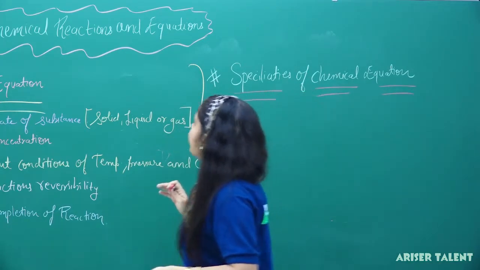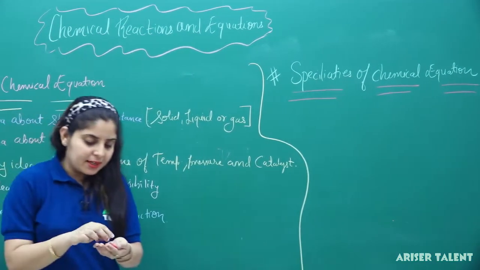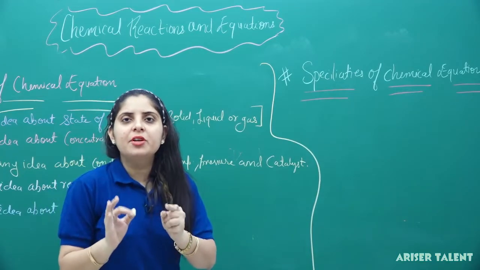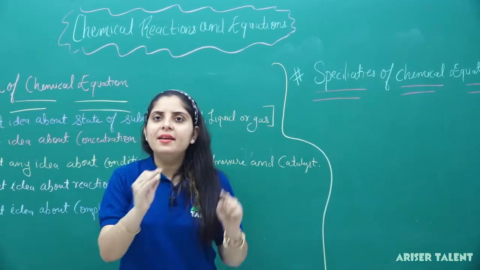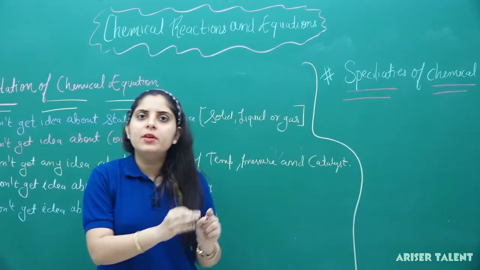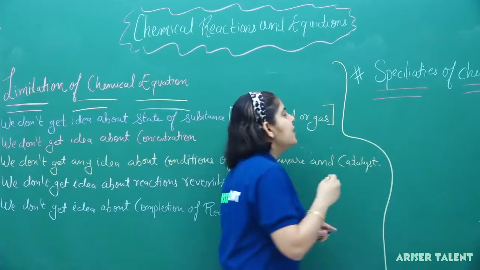So, after the limitations, we have certain specialties of the chemical equation. If I write any equation in the word form or the symbol form, I have to write the reactants on the left hand side of the equation, and I have to express the products on the right hand side of the equation.